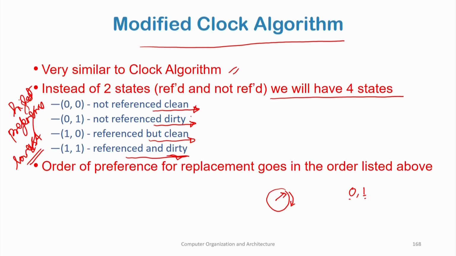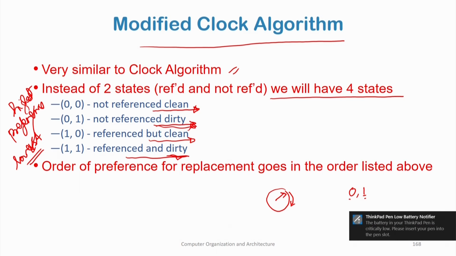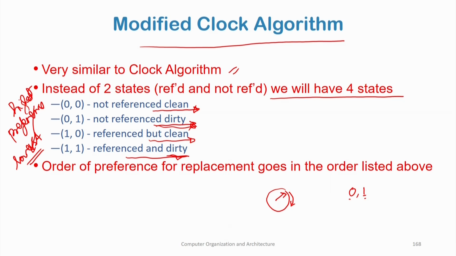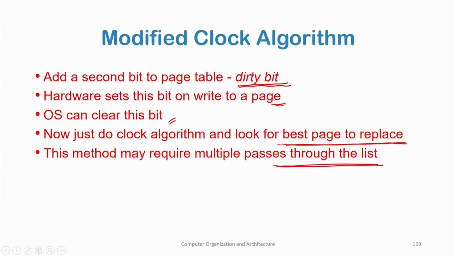If I do not find one, then for all pages for which the reference bit is 1, I will set it to 0. Then again in the next pass, I will try to find someone with 0 0. If I do not get one, I will go on searching. So, I may require multiple passes over a particular set of page frames to find the page frame that I want to replace. With this, we come to the end of this lecture.